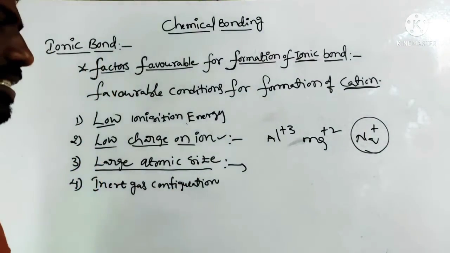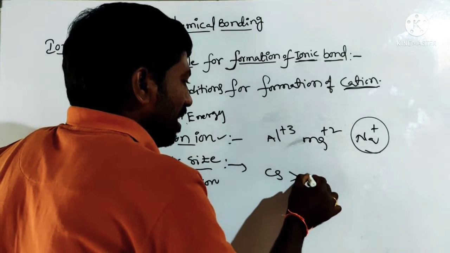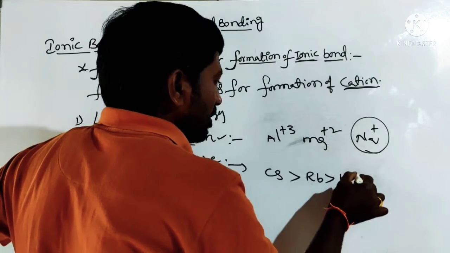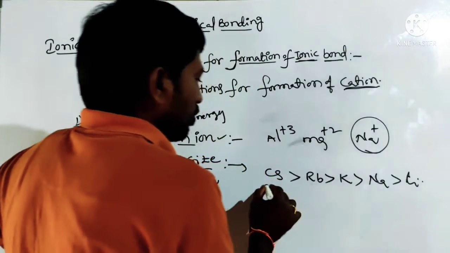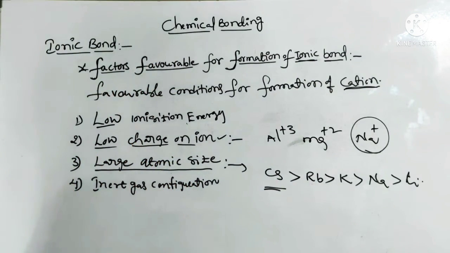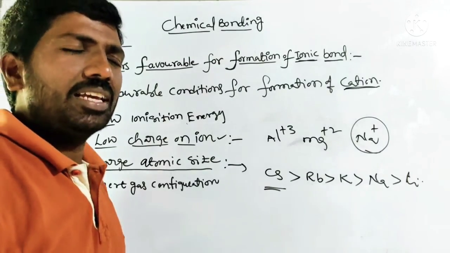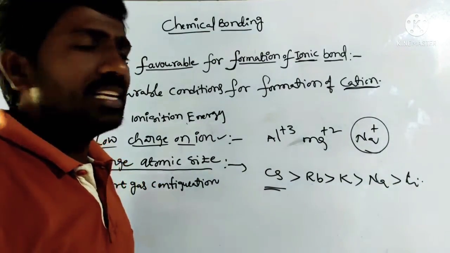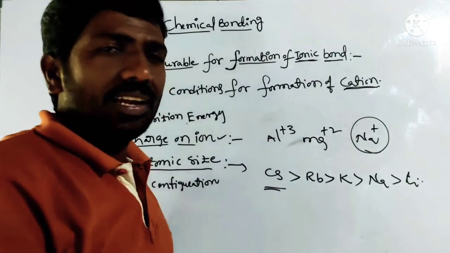Next one, large atomic size. We discussed before that cesium is the largest, followed by rubidium, potassium, sodium, and lithium. Large size is a favorable condition: when we give energy, the atom responds very easily and loses its electron easily.